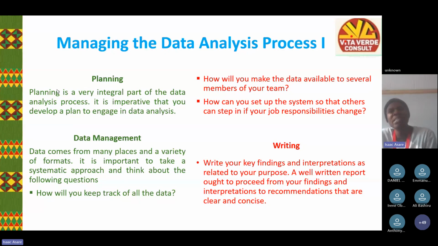So how will you make the data available to several members of your research team or whoever requests it? How will you make it accessible? Ask yourself, should everyone have access to this data, or only those who request it? You need to have all this as part of the data management side. Is it free? Did you get your data free?